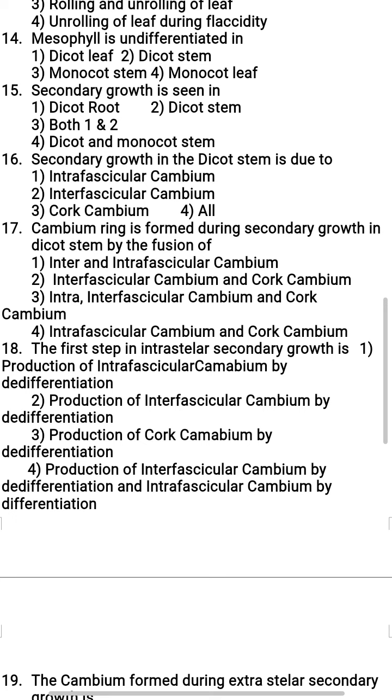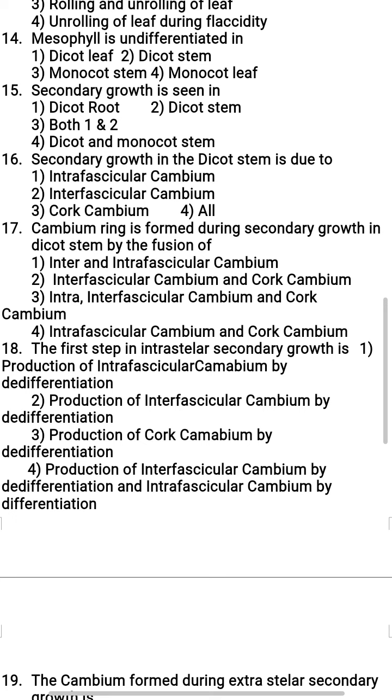First of all, let us see the correct option for the 17th question. The correct option is option 1, inter and intrafascicular cambium. Then the explanation, let me explain. In dicot stems, for example mango, neem, tamarind, teakwood, etc., the cambium cells are present between primary xylem and primary phloem. This forms one ring-like layer separating them, called the intrafascicular cambium.